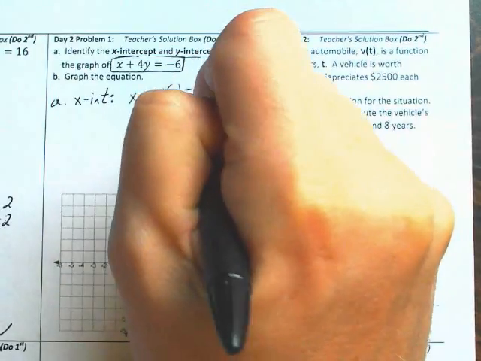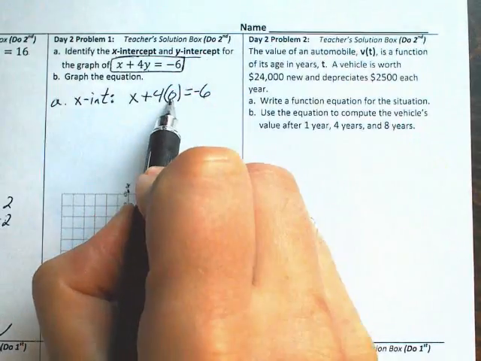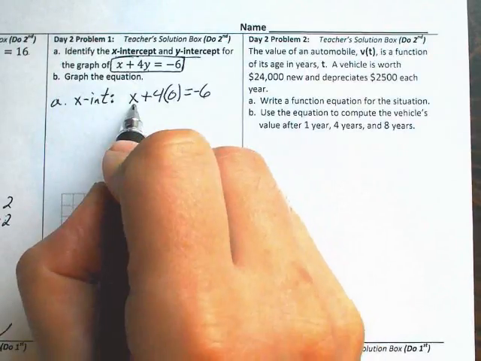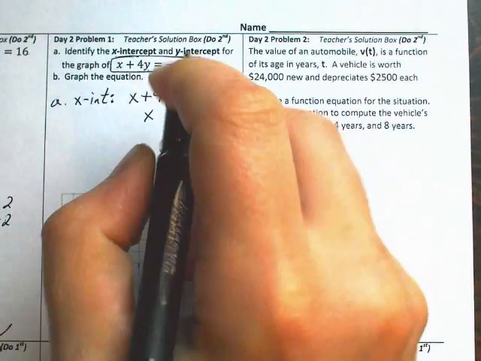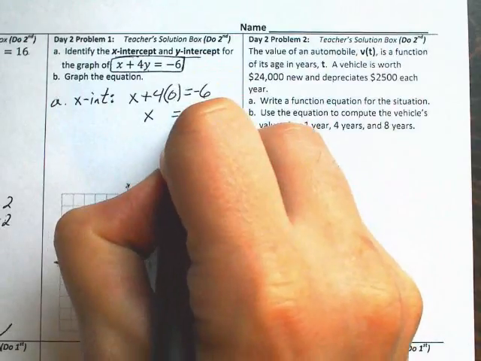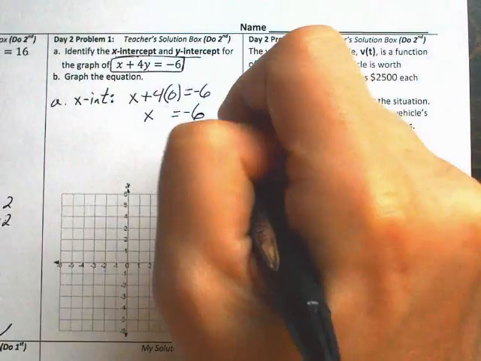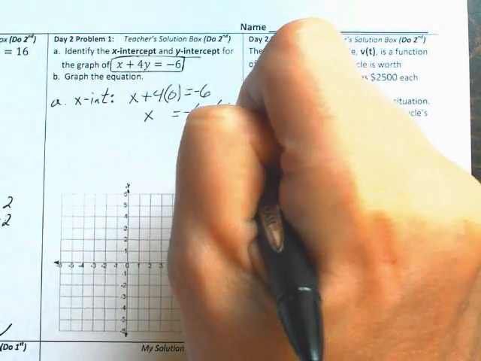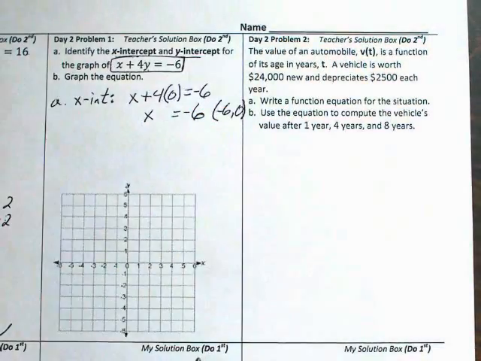That is equal to negative 6. Now, 4 times 0 creates a 0 in this position, and so the letter x can come straight down and then equals negative 6. As an ordered pair, this is negative 6, comma 0. And this is the x-intercept.